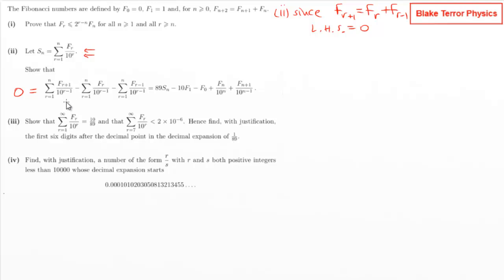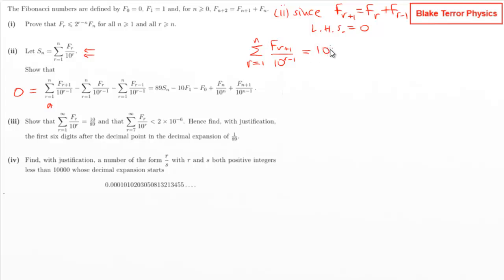Actually, I can change the r's by moving these limits around on the series, can't I? So, okay, let's have a bash with this then. The sum from r equals 1 to n of F_(r+1) over 10^(r-1). So I want to get that, first of all, with all r plus 1s.